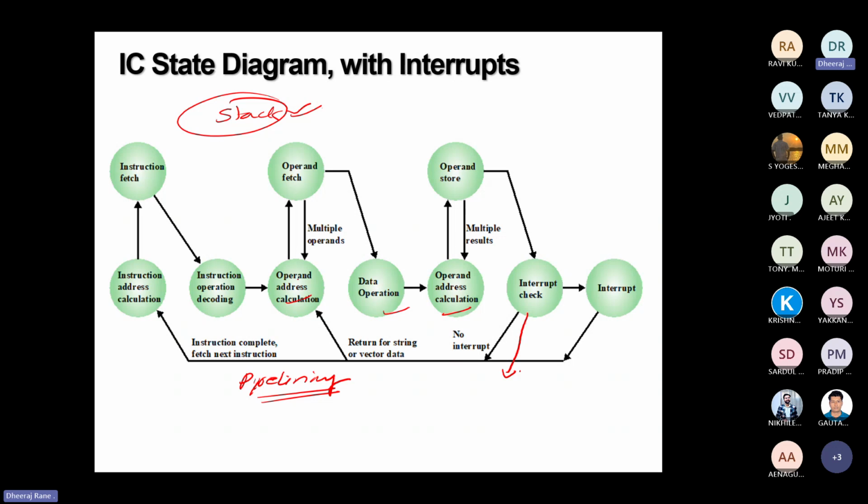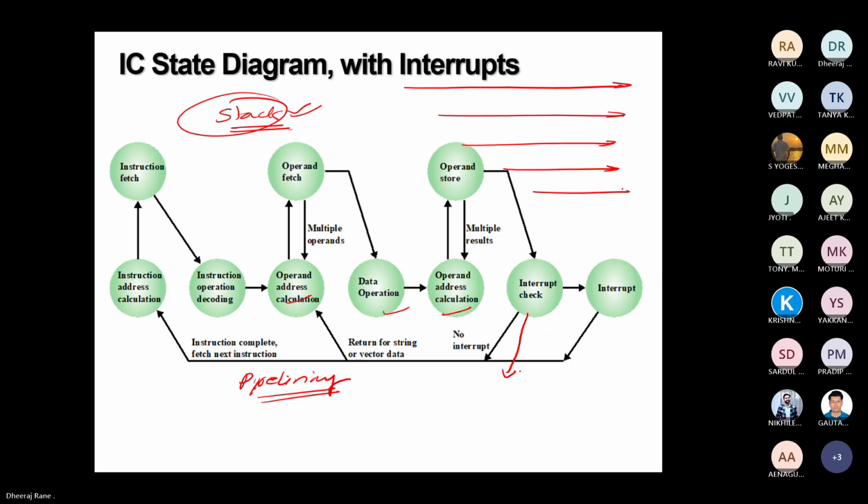Corresponding to that, I need to put all of this on the stack. I may have planned it in such a way that these five instructions can be taken within the pipeline.